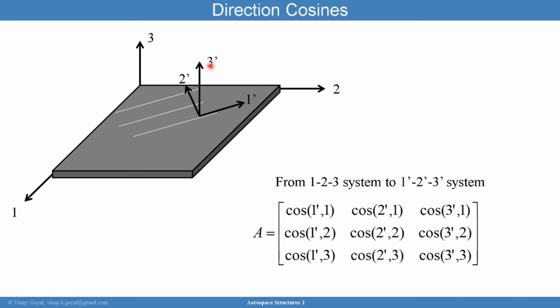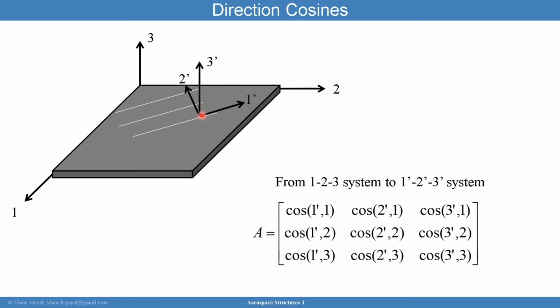One important thing that you may have to do is to develop something called the direction cosine matrix. In here, you're going to calculate the cosine of the angle between 1 prime and 1. In this case, that represents the angle between 1 prime and the 1 axis. And then you're going to calculate the cosine between the 2 prime and 1 axis.